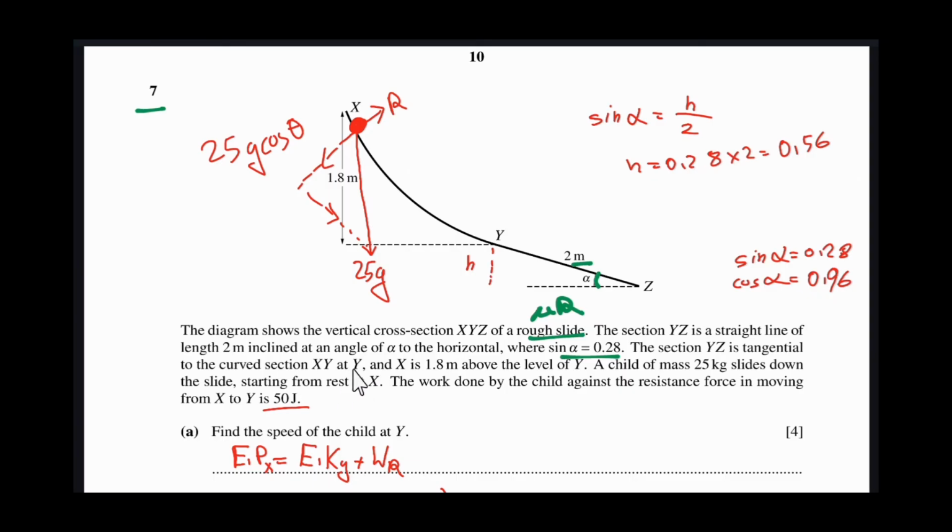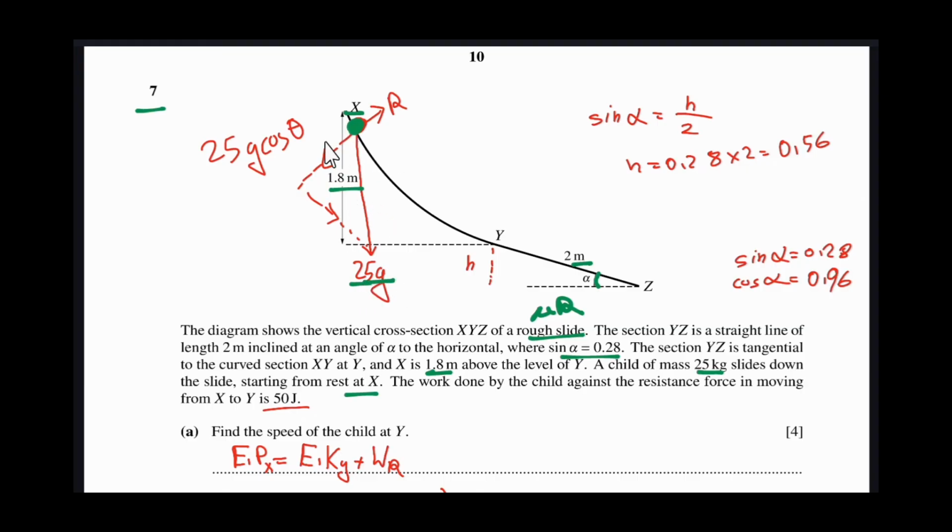Okay, tangential to the curve at Y, and X is 1.8 meter above the level Y. So X is 1.8 meter above level Y. A child of mass 25 kg slides down the slide starting from rest at X. The child starts from point X, that is this point, and its mass is given, that is 25, and so its weight is 25 g, acting vertically downwards.